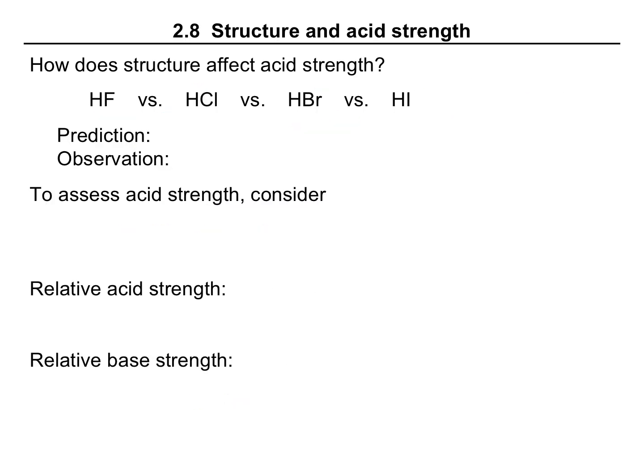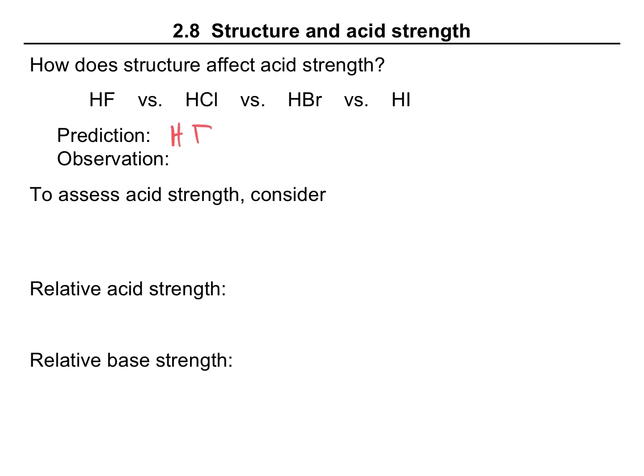Let's look at another example of how structure affects acid strength. And in this case, we're comparing the halogens. So HF versus HCl versus HBr versus HI. Well, maybe this one also goes according to electronegativity.